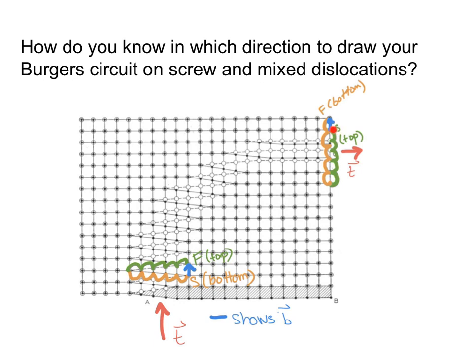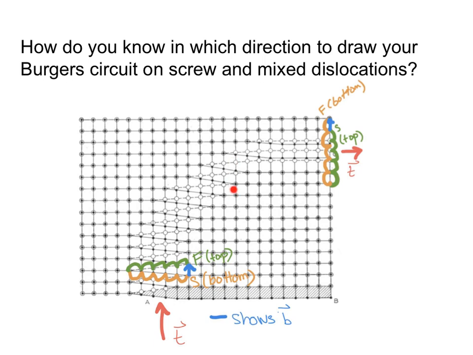In this case, I did it on the top because I'm again pointing my thumb in the direction of the dislocation line. I move along the top, hop down to the bottom, move back along, and I define my Burgers vector from start to finish. So I'm still using the right-handed rule, pointing my thumb along the dislocation line, moving in a right-handed direction, and defining the Burgers vector. One thing to note, the Burgers vector remains constant. So the Burgers vector is pointing up here, and the Burgers vector is pointing up here.